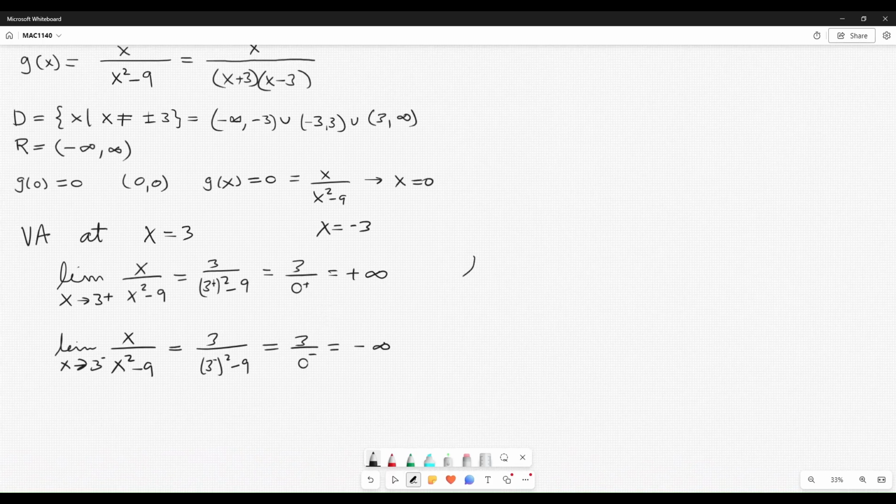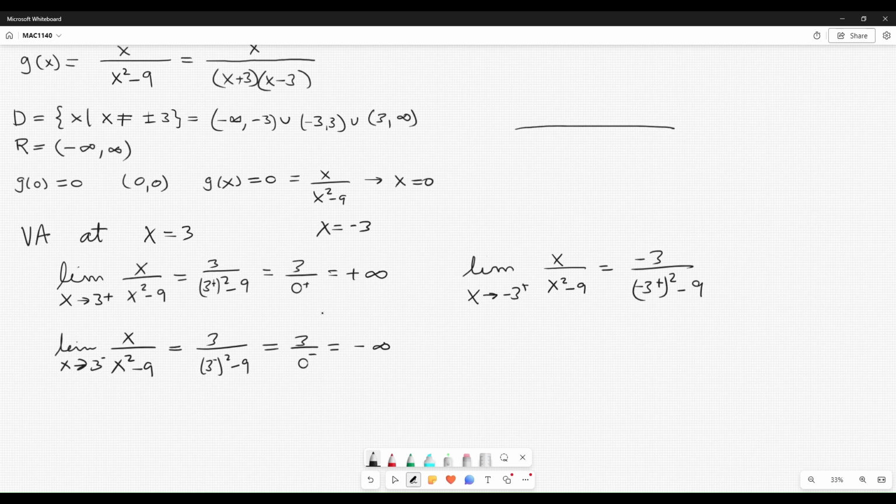You compare the limit as x approaches negative 3 plus of the same expression. Okay, this is negative 3 over (negative 3 plus) squared minus 9.